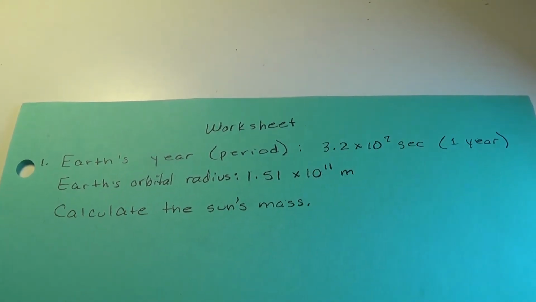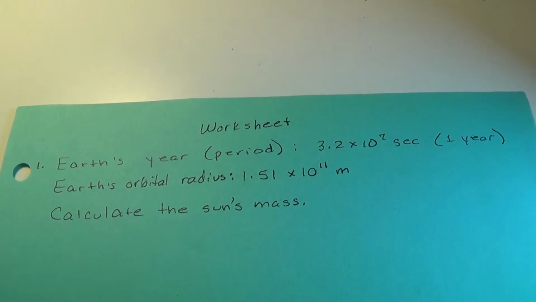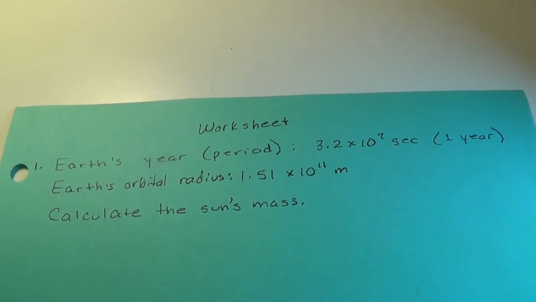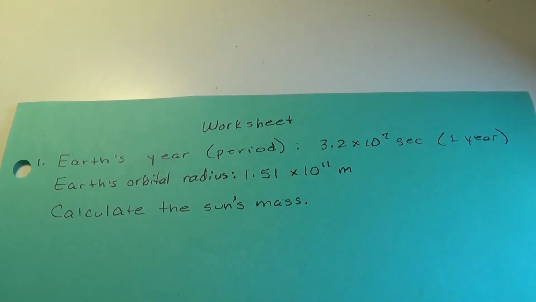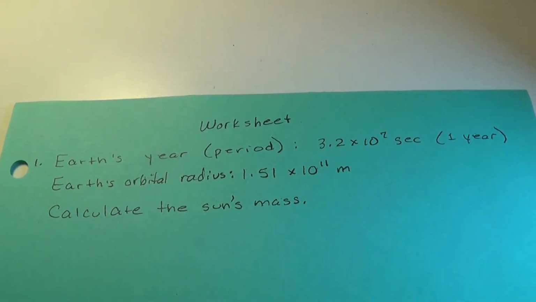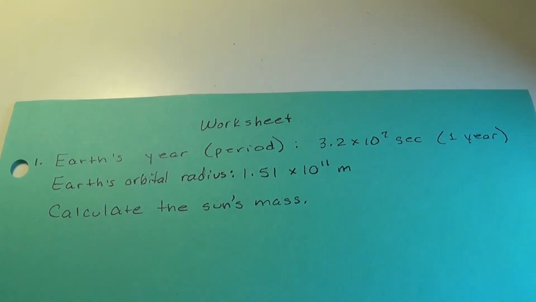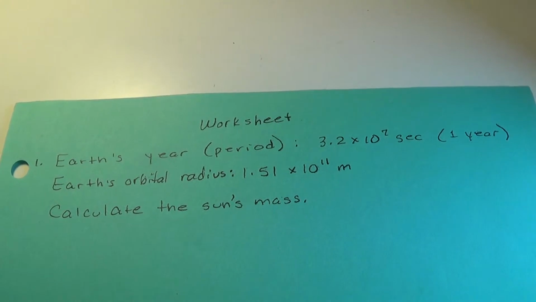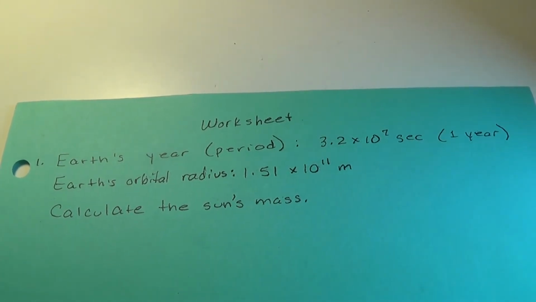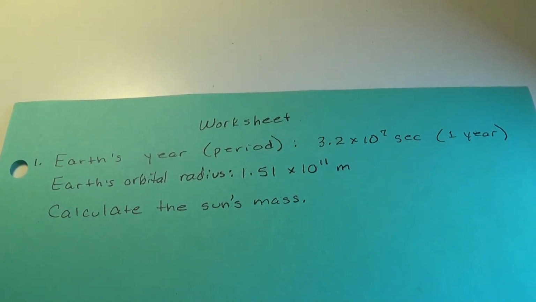We actually did that exact problem on the last video, but I wanted you to try it on your own and see what you get. You can go back to the last video and check your work, or find out how to do it if you're stuck. Use the formulas that I just mentioned.